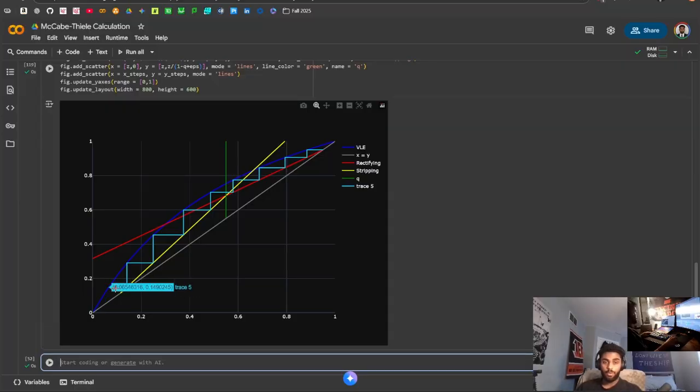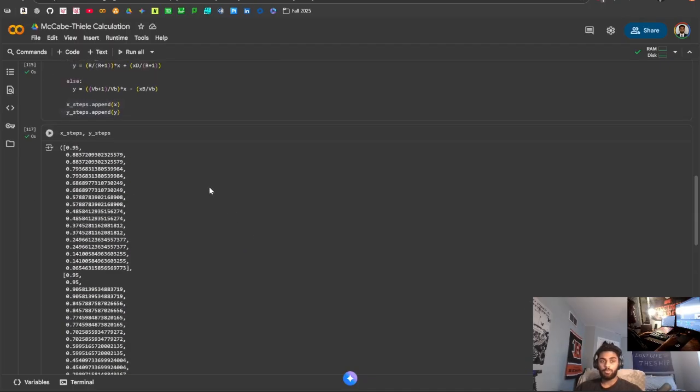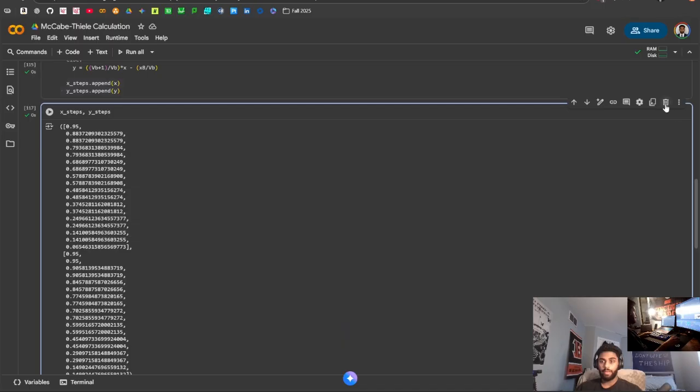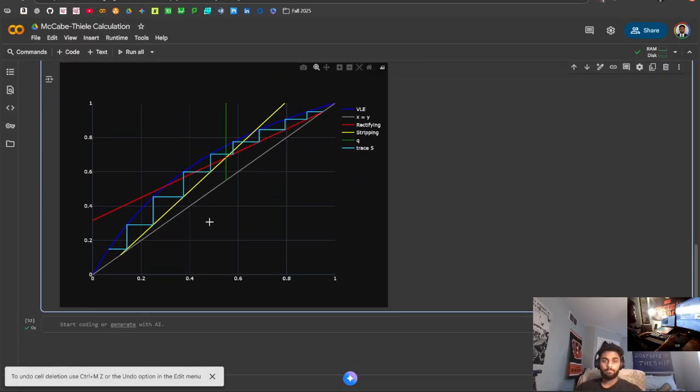This little segment that branches off here is actually for a reboiler. So that's kind of why it's branching off like that. It's kind of like saying, we got close enough, there's not much else we can do. But this is how that staircase is generated. So very, very happy with that.